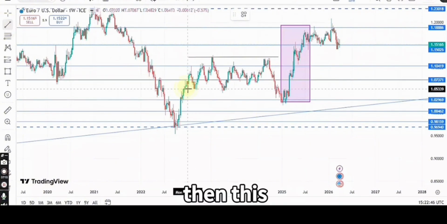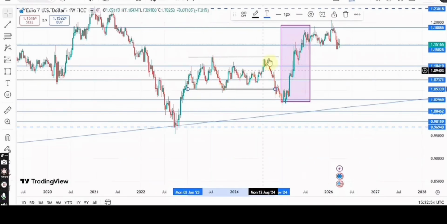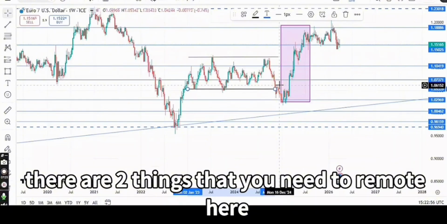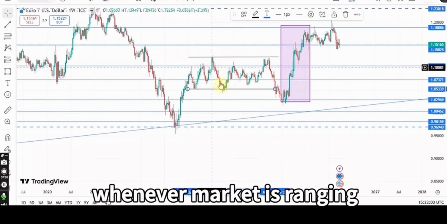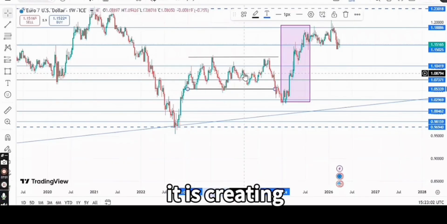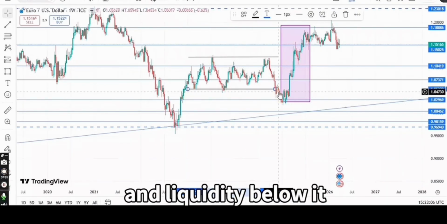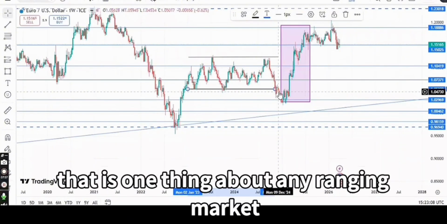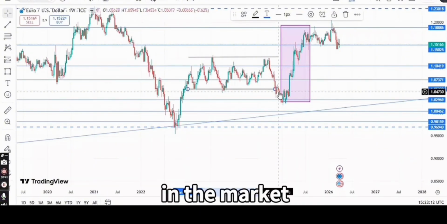Then this to this. Now, looking at this market range, there are two things that you need to note here. First, whenever the market is ranging, it is creating liquidity above it and liquidity below it. That is one thing about any ranging market or any form of range in the market.